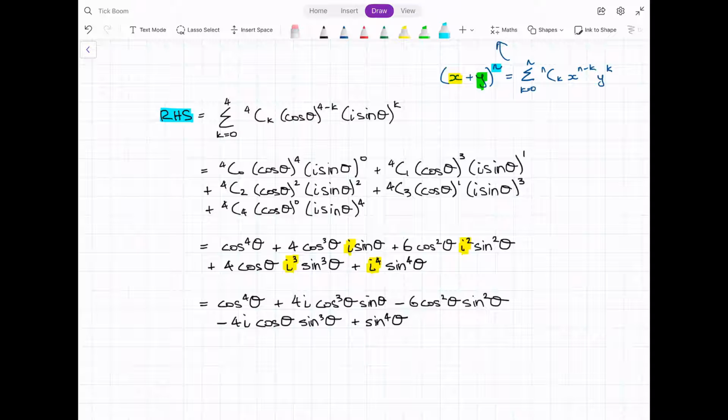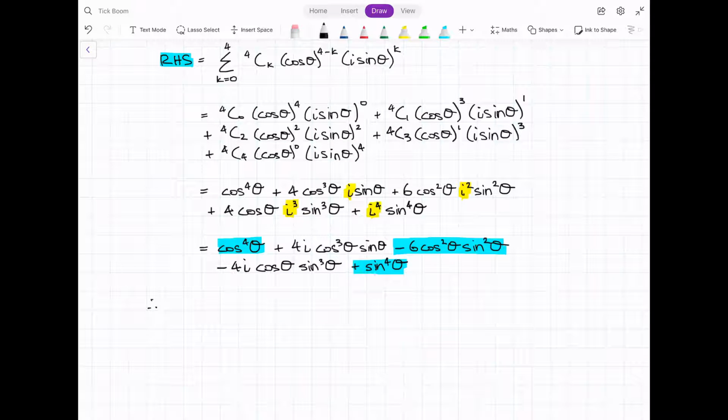So we can now think, well, what are the real parts? It's anything that doesn't have i in it. In our case, it would be cos to the power of 4 theta, then the minus 6 cos squared theta sine squared theta, and then the plus sine to the power of 4 theta.